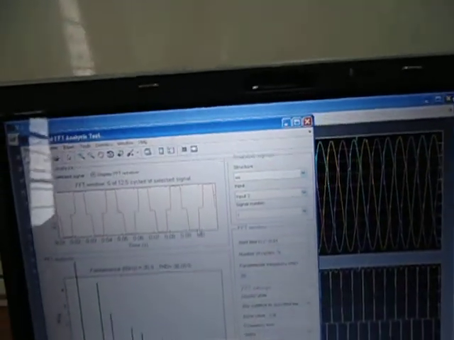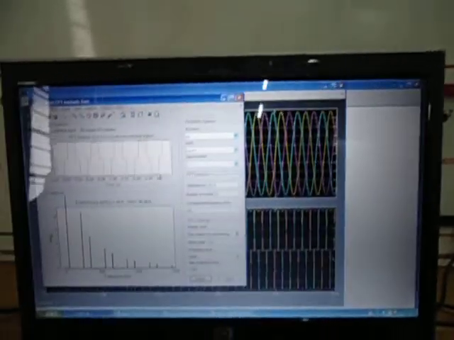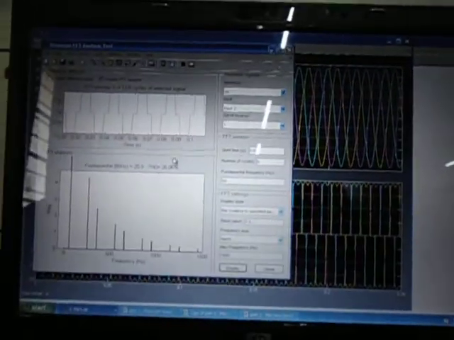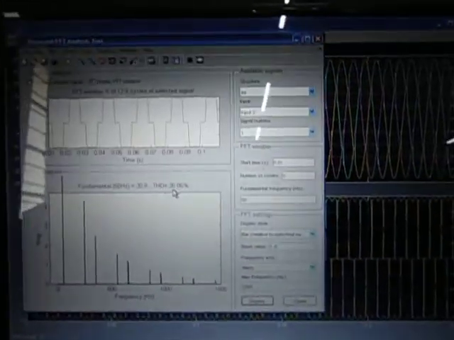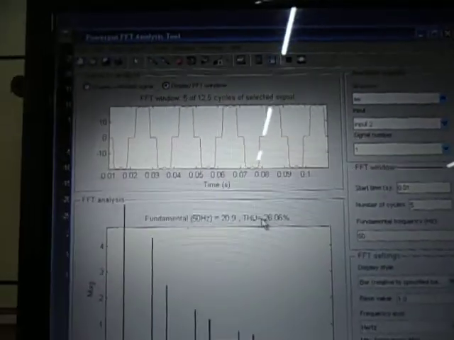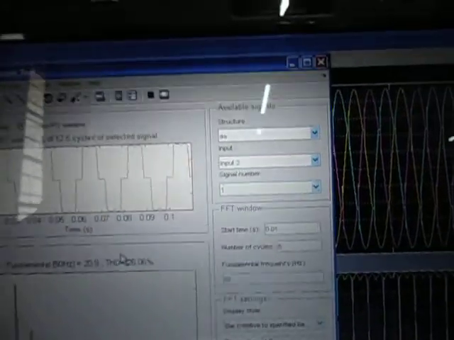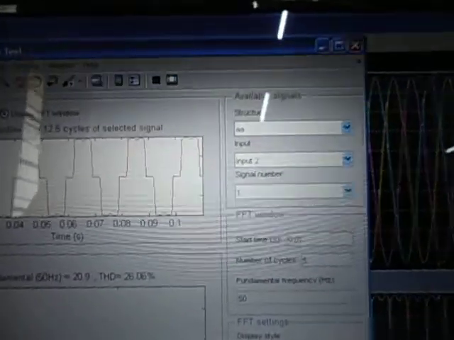This is the window where we can see the total harmonic distortion. By seeing this, we can say that the total harmonic distortion is 26.06%.